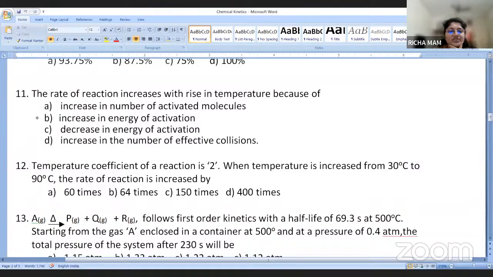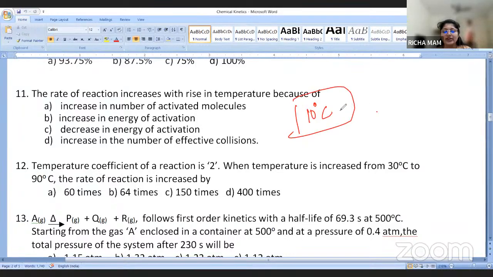The temperature coefficient of a reaction is 2. When the temperature is increased from 30 degrees Celsius to 90 degrees Celsius, the rate of reaction is increased by how much? We know that the rate of reaction is doubled for every 10-degree rise in temperature, right?